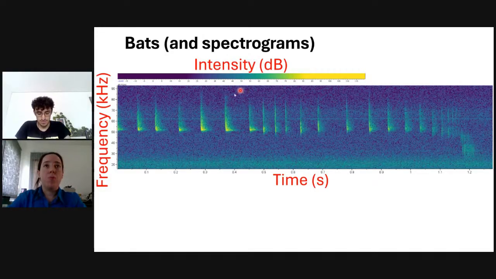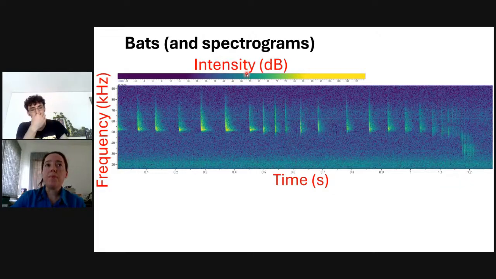And we do that normally through spectrograms. Spectrograms are three-dimensional images of sounds that have a frequency axis and a time axis. And you also have a color coding that indicates the intensity.